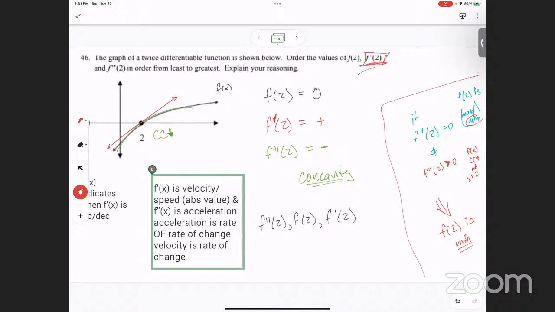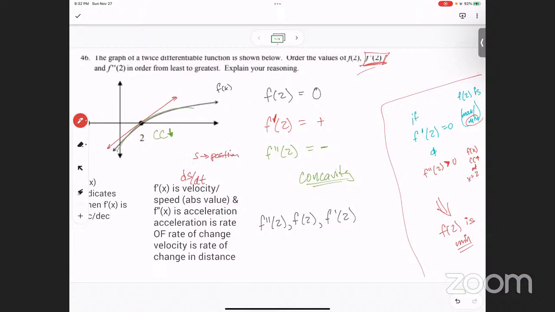In physics, I believe they use the S, right? This would be called ds dt, where S is location, S is position. So ds dt is velocity.